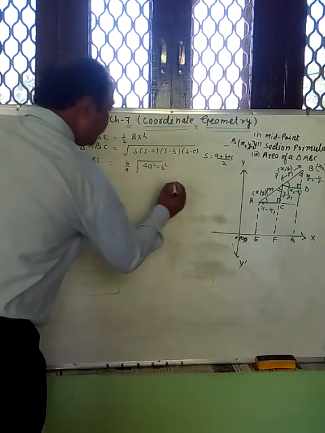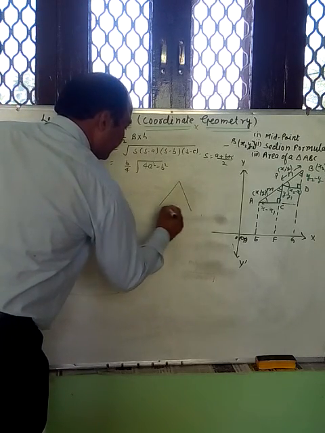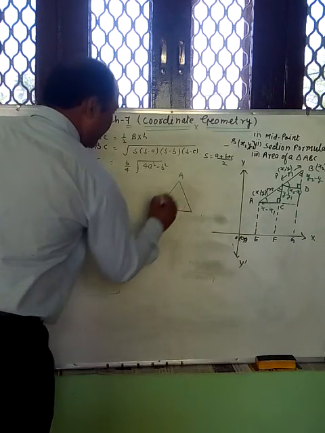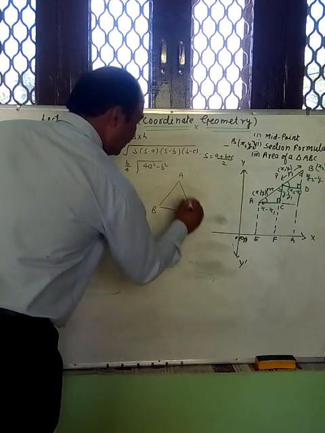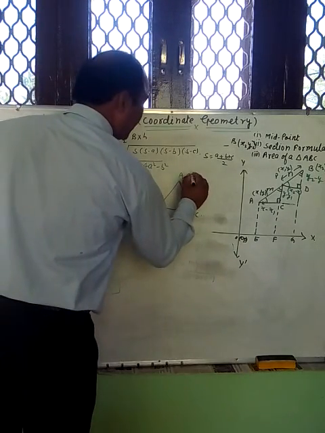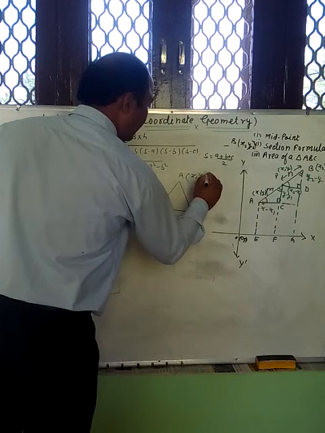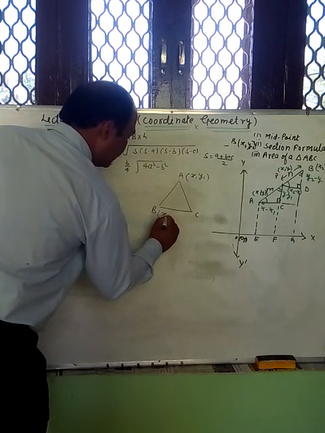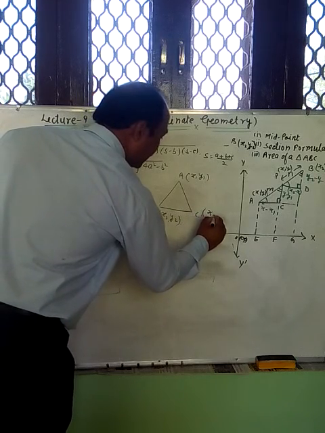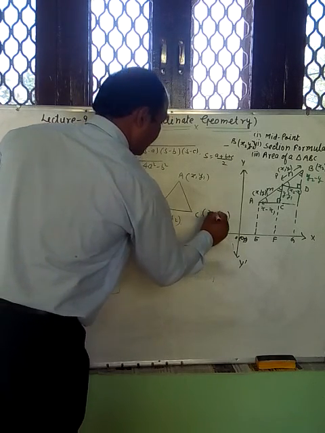For example, this is a triangle ABC, and its points are, suppose, A is x1, y1, B is x2, y2, and C is x3, y3.